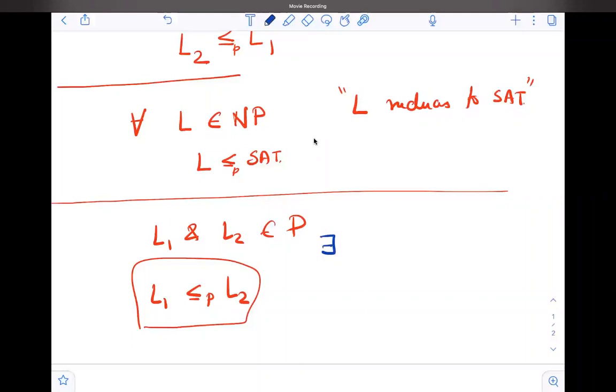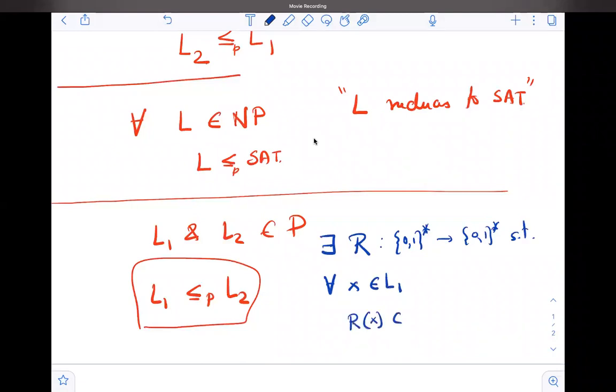If there exists an algorithm, call it a reduction R, that takes a string to another string, such that for all x, R of x is in L2 if and only if x is in L1, and R is polynomial.